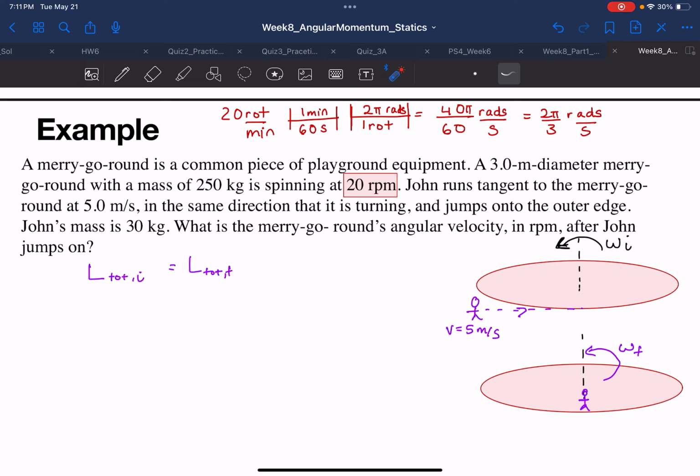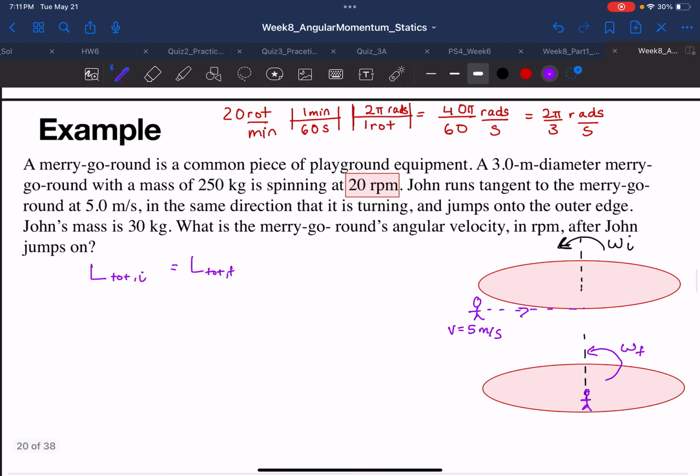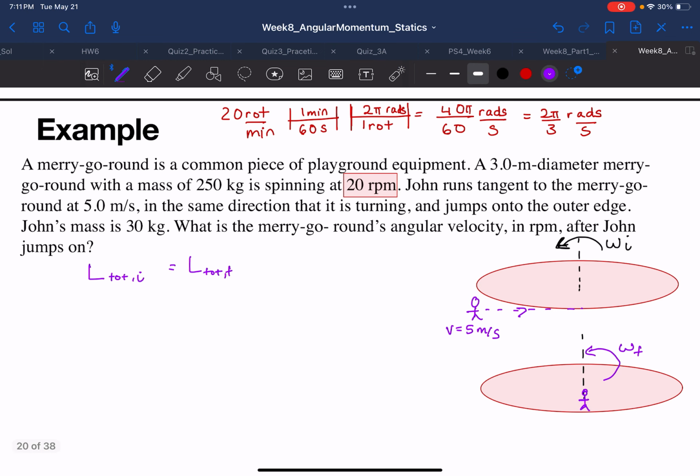Right before John is about to jump on, when John gets here, he is moving this way at 5 meters per second. So right before John lands on the merry-go-round, running this way, John's momentum vector P is going to the right. And the R vector goes from the axis of rotation, which is at the center, to here.